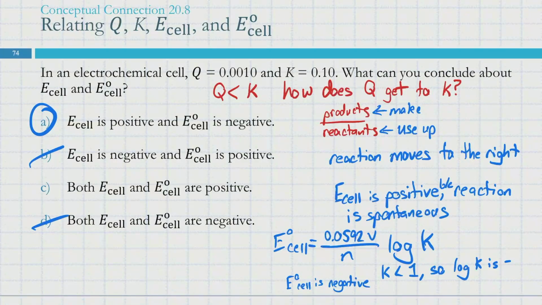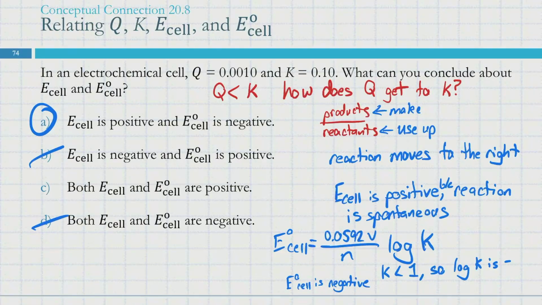I think relating, seeing how Q would have to move to get to K and then thinking about whether it's spontaneous or not. If it moves in the forward direction, then that's going to be spontaneous. If it wants to move in the opposite direction, so if Q is bigger than K, it would want to move backwards. So it's not going to proceed in the direction as written in terms of the cell. It's not going to work as a battery. You would have to put energy in for it to work that way.